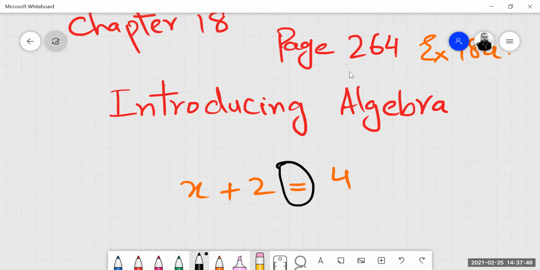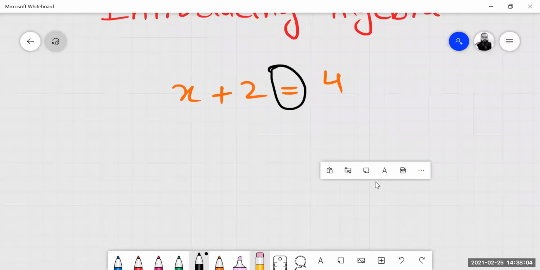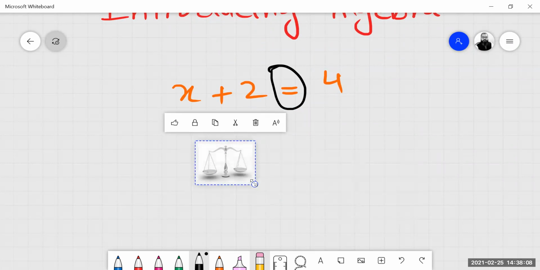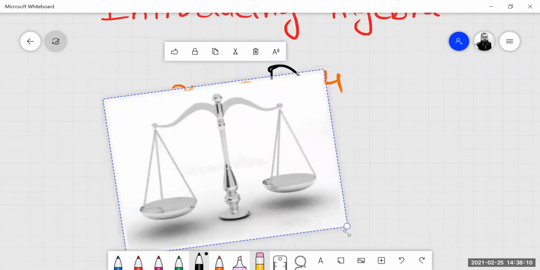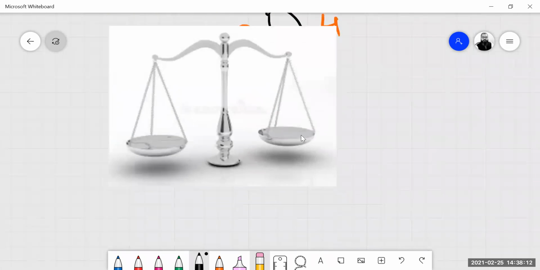Equation is like a balance. You know what a balance is. When everything is not balanced, it will fall or explode. It must be in balance.